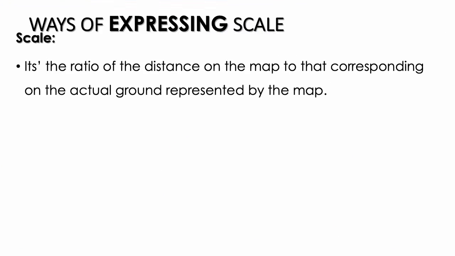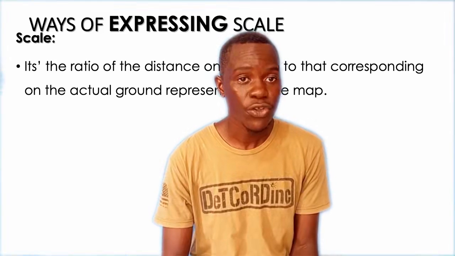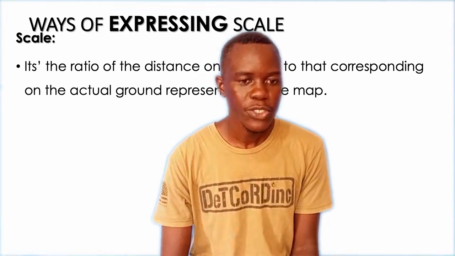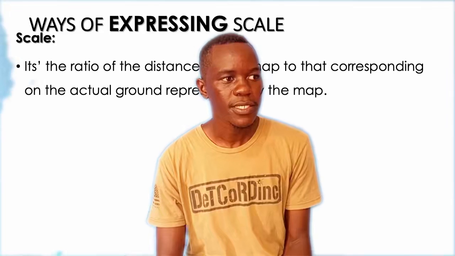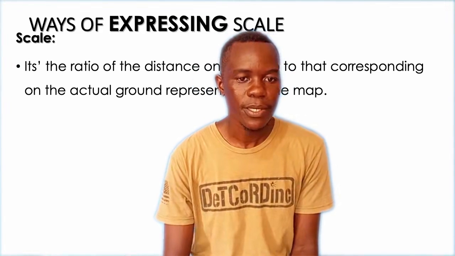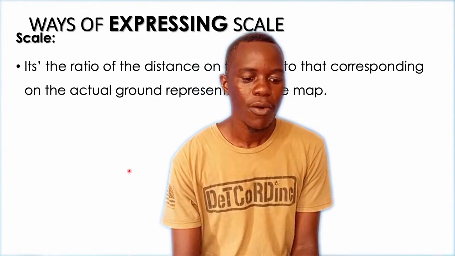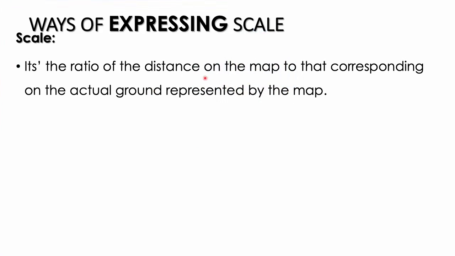Before we proceed, we need to understand the term scale. In simple terms, this is the ratio of the distance on the map to that corresponding distance on the actual ground represented by the map.